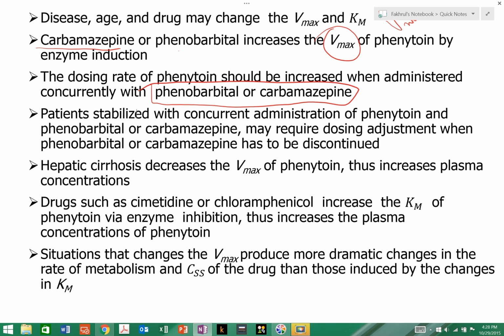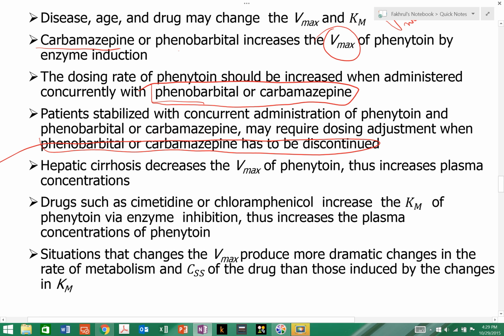Another scenario: for example, you have a patient who is taking phenytoin and these two drugs, phenobarbital and carbamazepine, and you have stabilized the doses. Now when you discontinue these drugs, what do you have to do? You have to adjust.